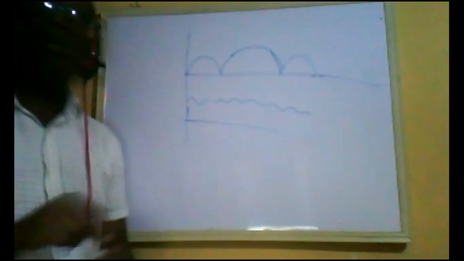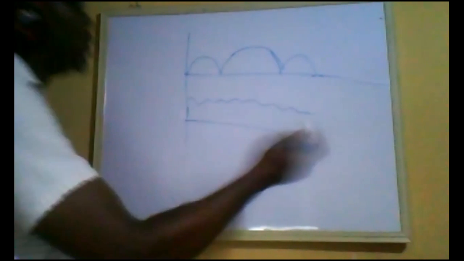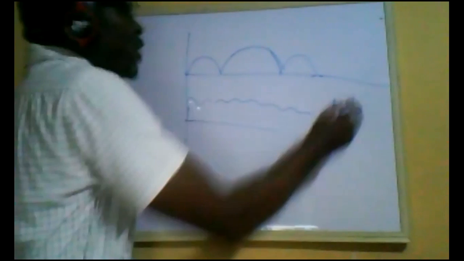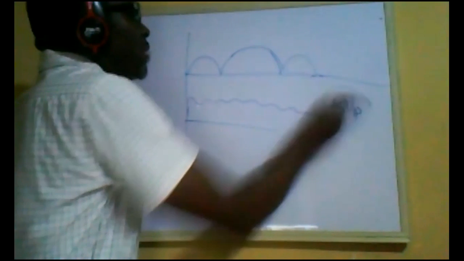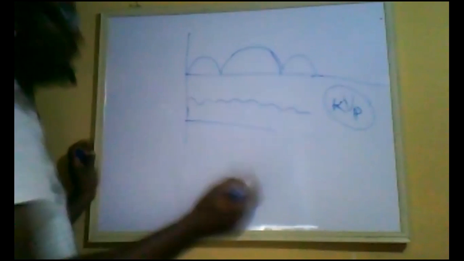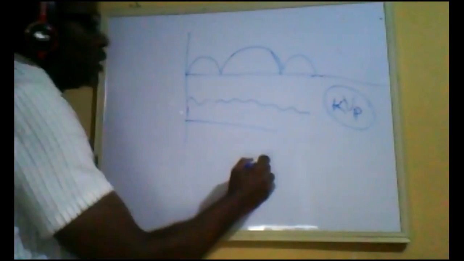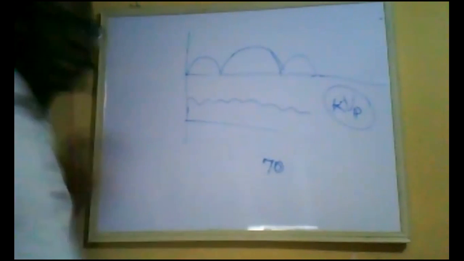So when electricity is being supplied at a particular voltage, that's why we normally use kVp. It means the peak voltage. Assuming the potential between the anode and the cathode is 70, the maximum voltage you are going to get is 70.